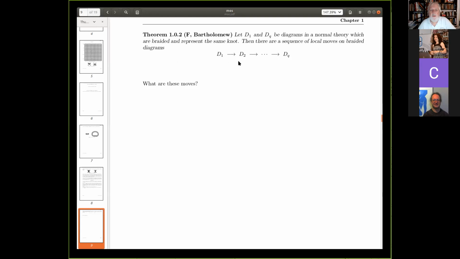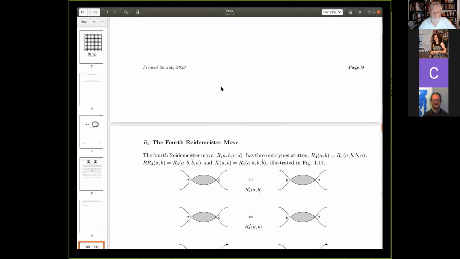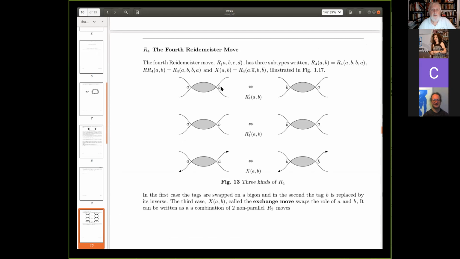So we get from D1 to D2 via braided diagrams. Obviously, you can get from D1 to D2 by non-braided diagrams, but we're saying that you can get from D1 to D2 by braided ones. And what are these moves? Well, here's one of them. This is the fourth Reidemeister move.